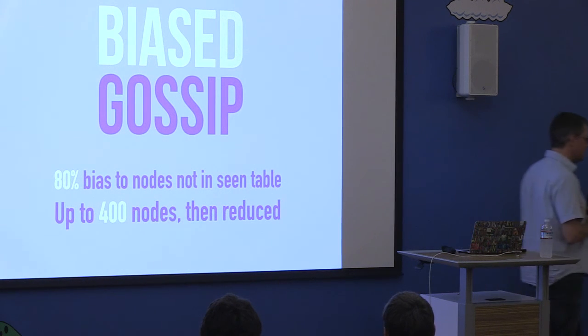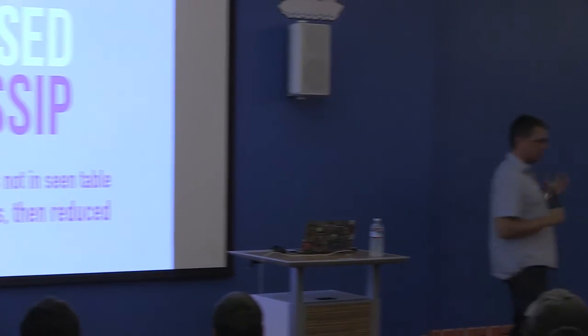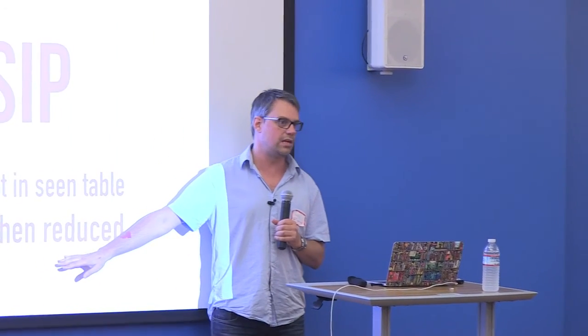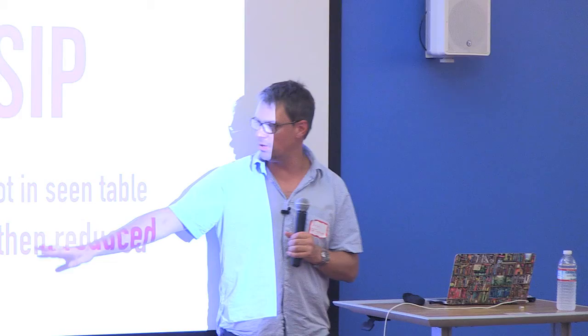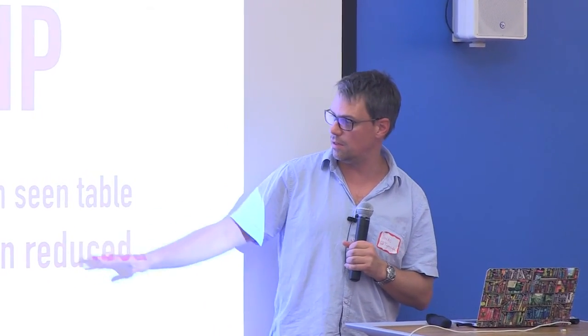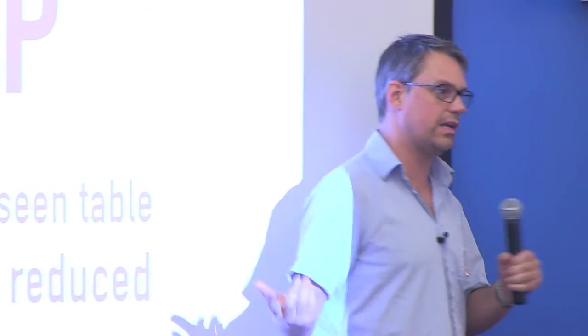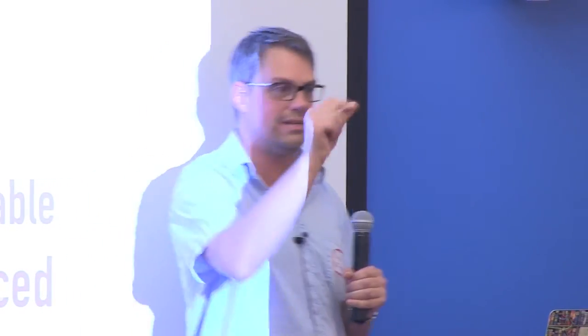That said, we initially did that for all clusters, but empirical evidence showed that beyond 400 nodes it was not such a good thing, because the nodes in the remaining 20% will easily get flooded with messages. So when we start reaching 400, we slowly start decreasing this percentage.